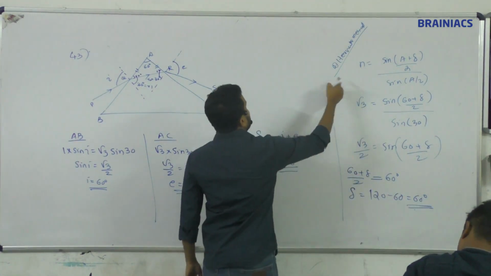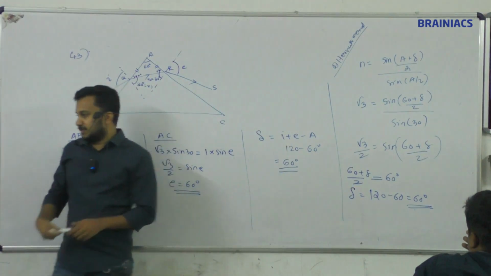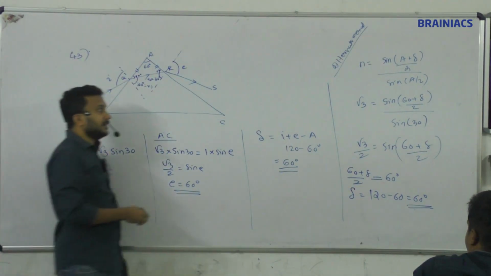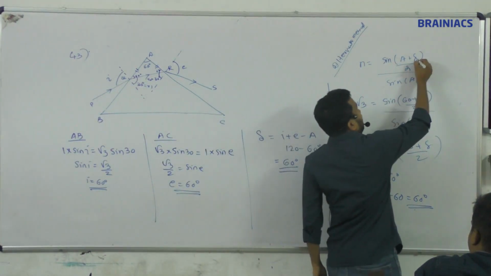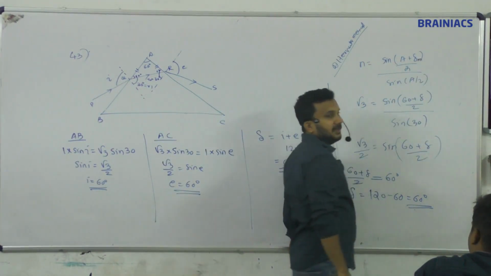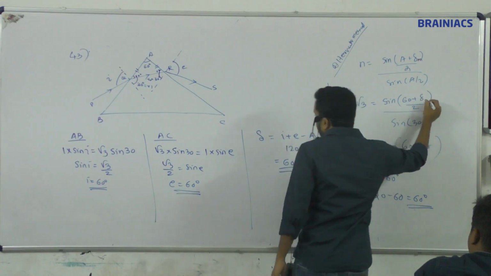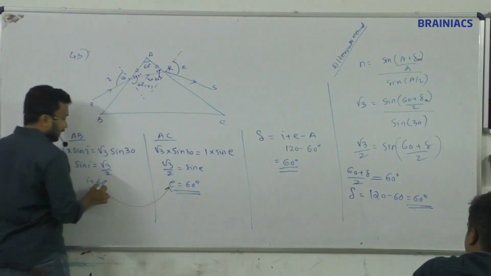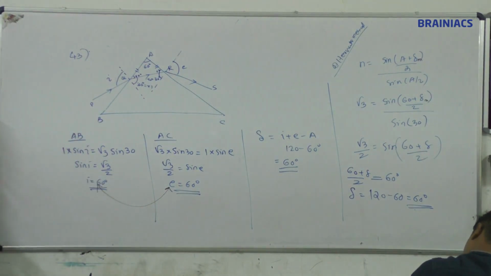But there is one risk here. What is the risk? Normally this formula applies only if you have a minimum deviation, delta M. Whenever we have a minimum deviation only, we apply this formula, not always. But luckily these two are equal, which indicates it's a minimum deviation.